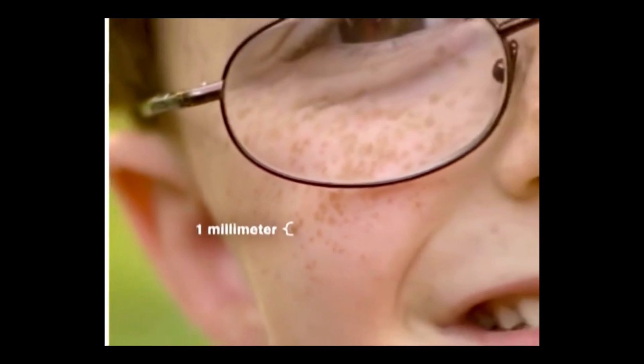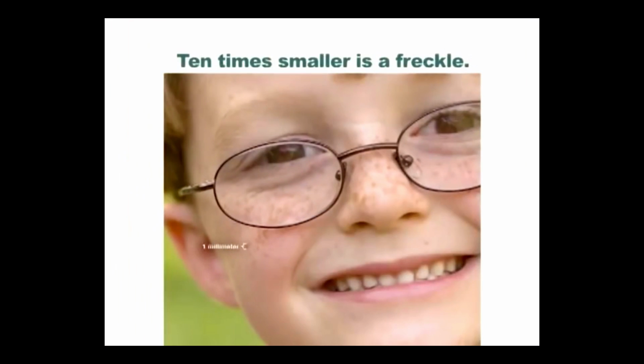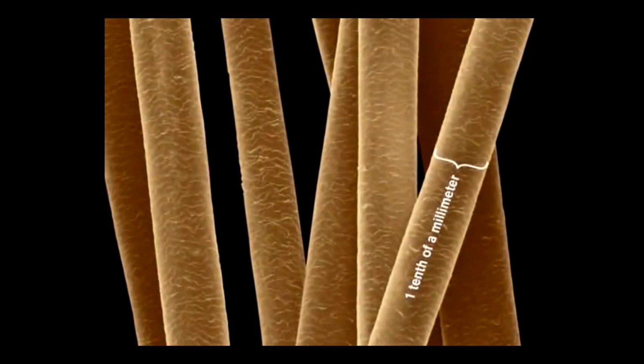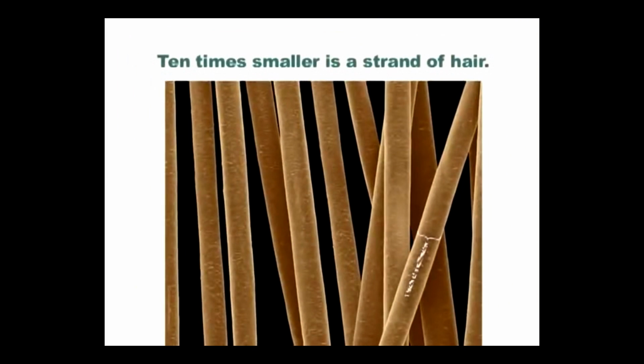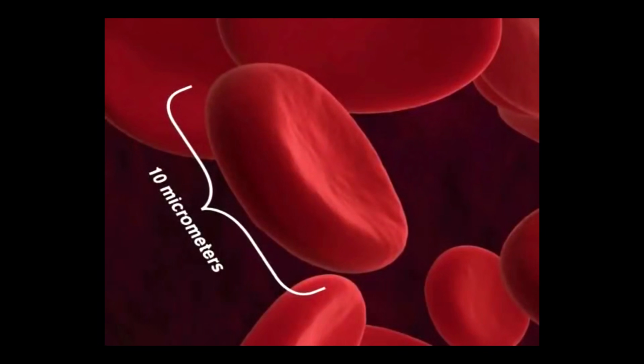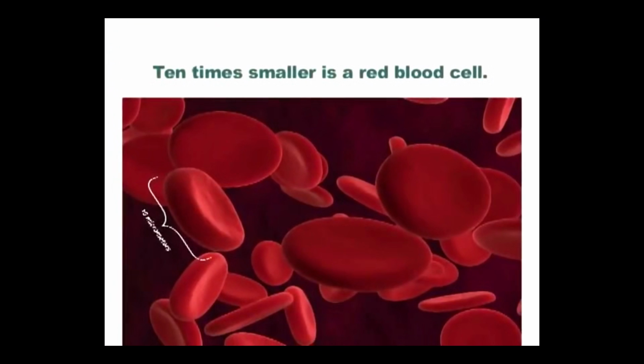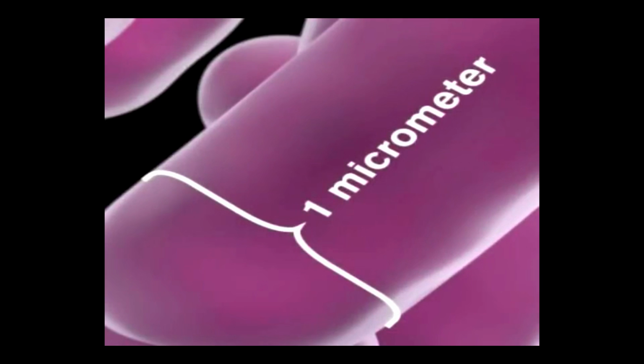Now let's dive into something finer and harder to understand. 1/10 of a millimeter will be the thickness of the average hair on your head. Ten times smaller than the thickness of your hair is a red blood cell, about 10 micrometers.